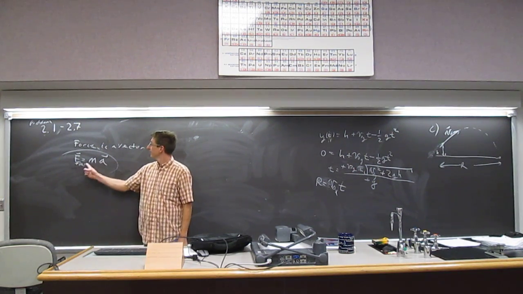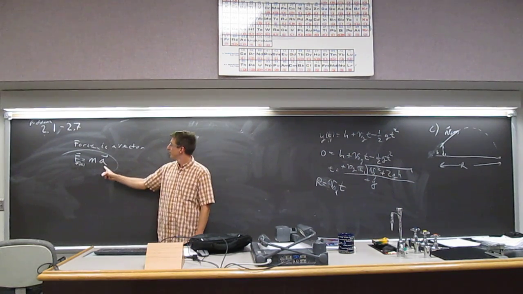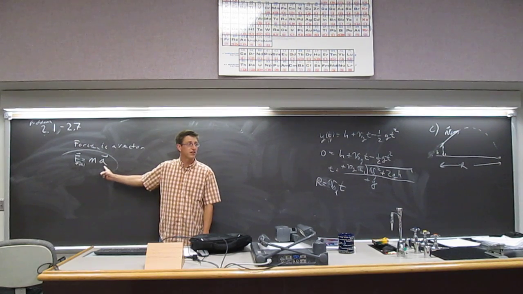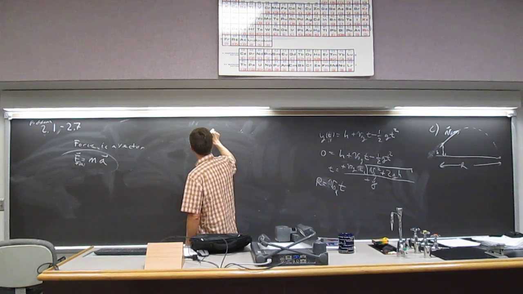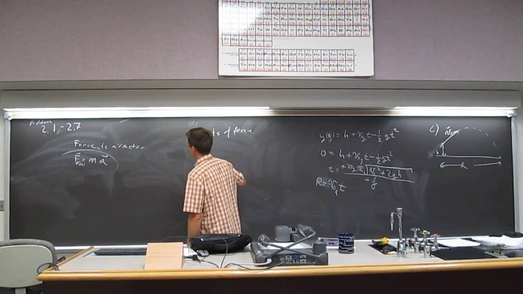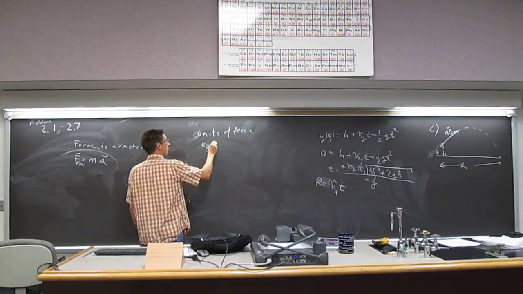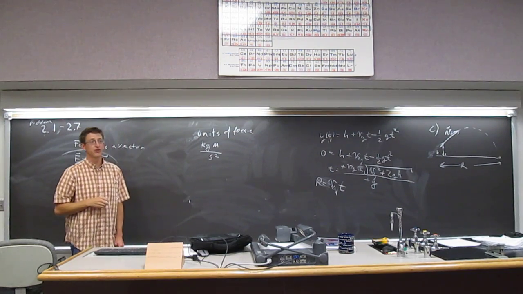If this relation holds, mass is measured in kilograms, acceleration in meters per second squared. That means the units of force are kilograms meters per second squared. We have a special term for that.